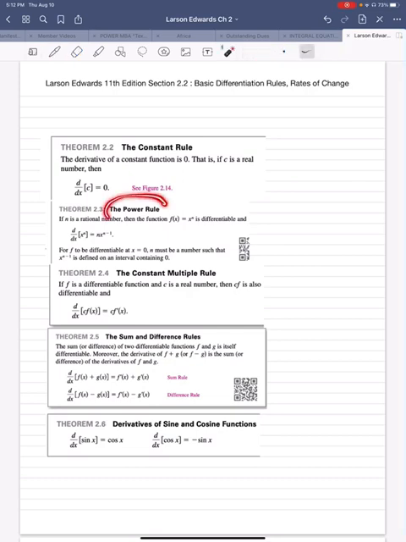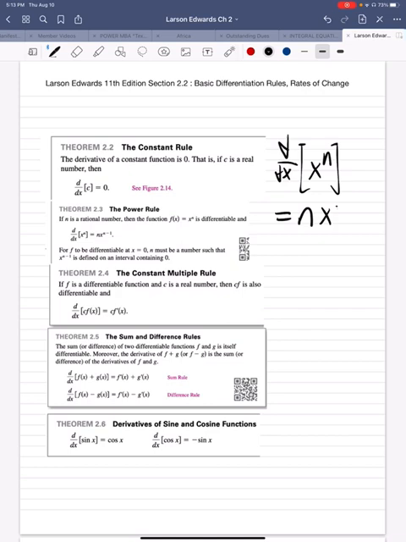Then we have the power rule, which is super important because very often when you'll be doing these types of problems, there will be some polynomial terms in the function, and that's where this comes in. So how do you do this in practice? It tells you that the derivative with respect to x of x to the n is equal to n x to the n minus 1. So what you do is you see x to the n and you bring the n out in front. So you write n x to whatever it was, n minus 1.